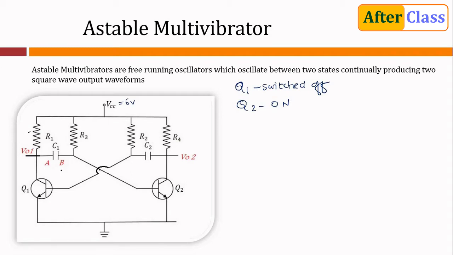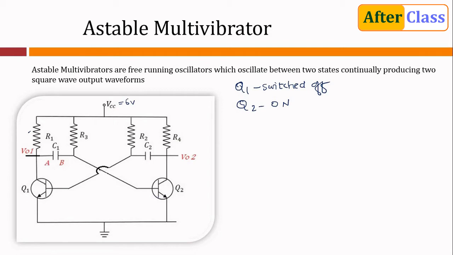The other side of the capacitor is marked as B, so this is plate B, which is connected to the base of transistor Q2, and we have assumed that transistor Q2 is on, so the base emitter voltage will be 0.6. So the voltage at this plate will be 0.6, because this transistor is on, it is conducting, it is in the saturation mode.